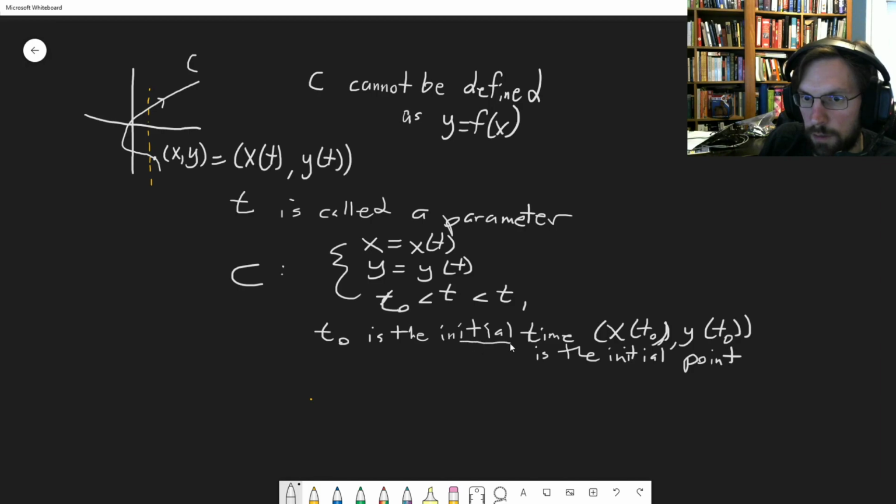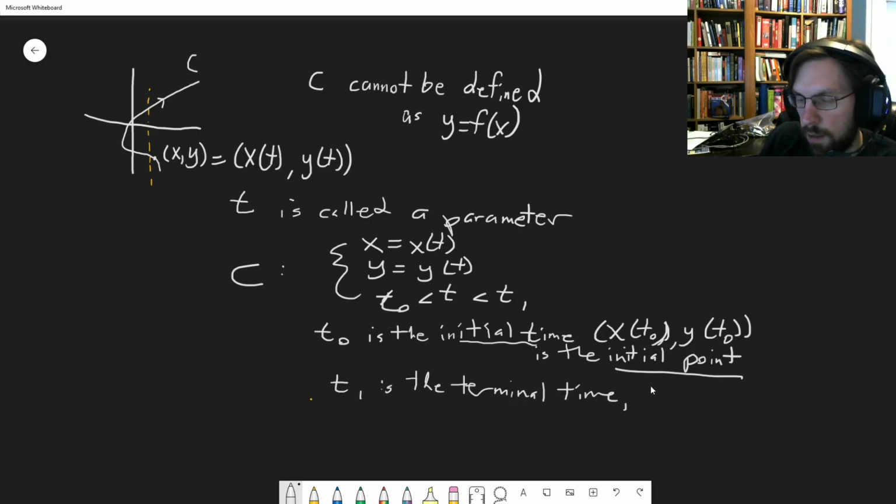Okay, so definition. And t1 is the terminal time. And x of t1, y of t1 is called the terminal point.